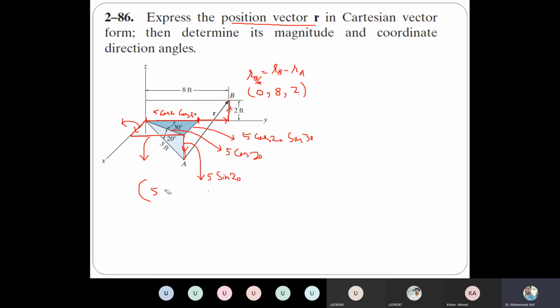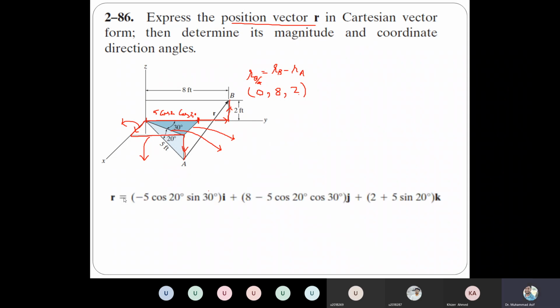Let me erase this. So this is the position vector, RB minus RA. Once you simplify that, you can calculate the magnitude of the resultant vector. Once you have that vector and its magnitude, getting the direction cosine is not a problem.